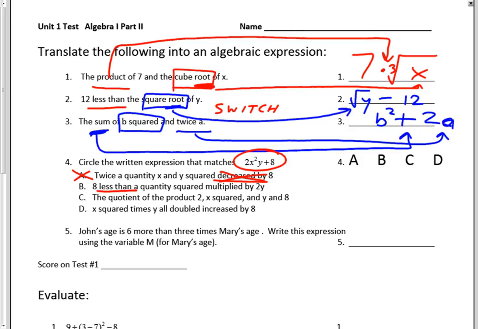What does less than mean? Subtraction. I don't want that. What does quotient mean? That means division. Increased by is my plus. That's the one that works. So by process of elimination, I'm down to D.